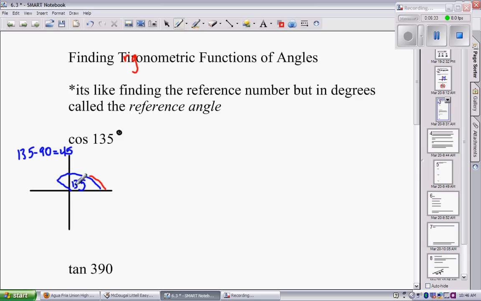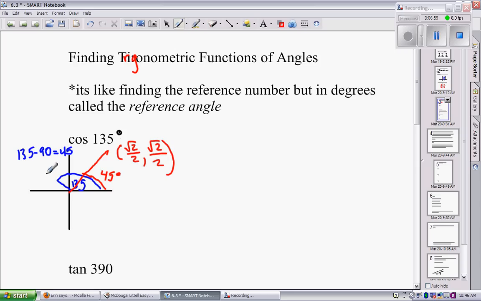So we stop here. This is our 45 degrees. And from our knowledge of the unit circle, we know it's the point root 2 over 2, root 2 over 2. Cosine is your x value.